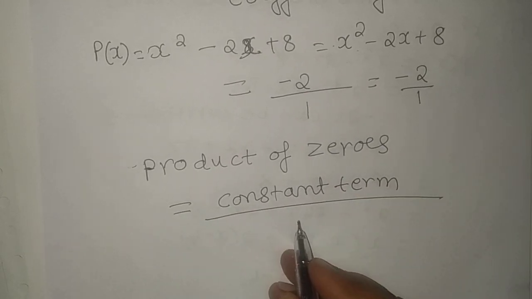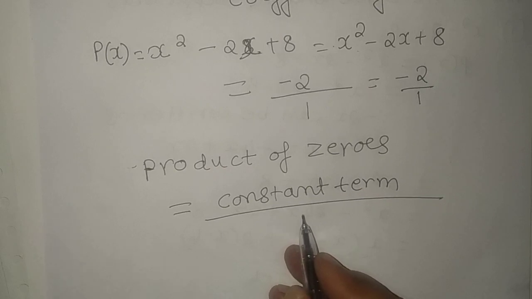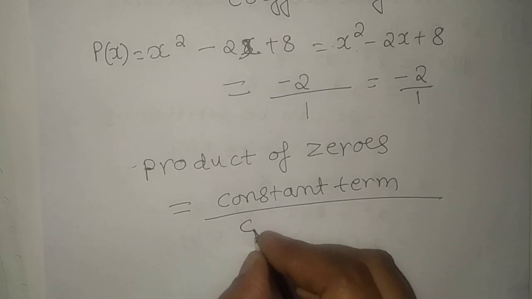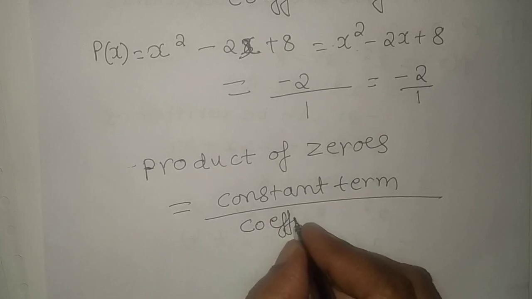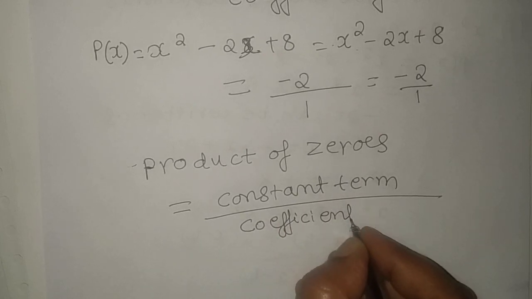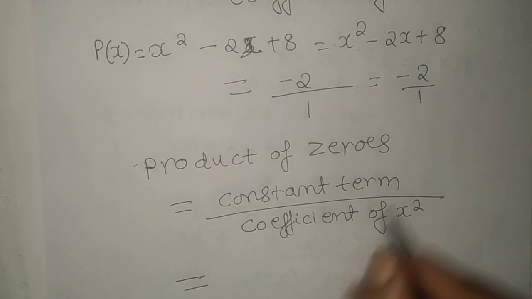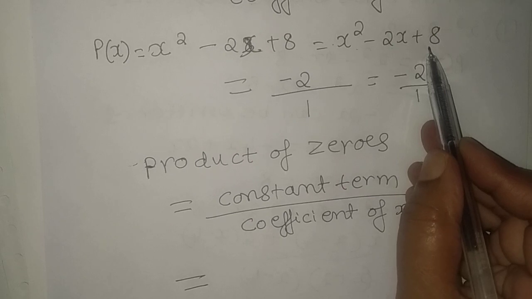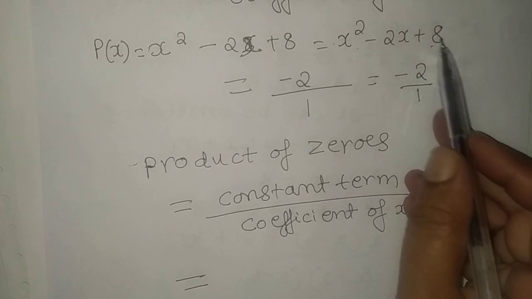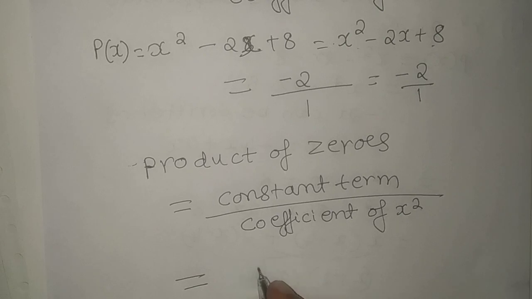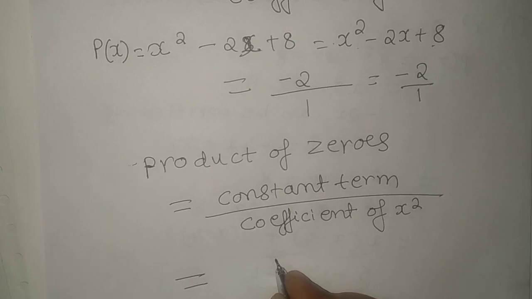I defined everything in the first introduction class: what is constant, what is coefficient, everything. So what is the constant term here in the equation? This is the constant term, that is the number without the variable. The constant term is 8.